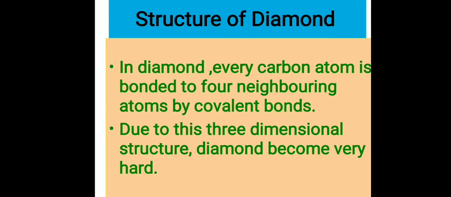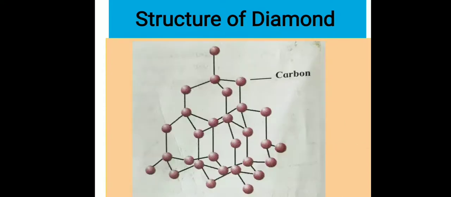We know that the atomic number of carbon is 6 and the electronic configuration is 2, 4. So, carbon has 2 electrons in the first shell and 4 electrons in the valence shell. In diamond, you can see in this structure that every carbon atom shares 1 electron with each of 4 other carbon atoms and forms covalent bonds.